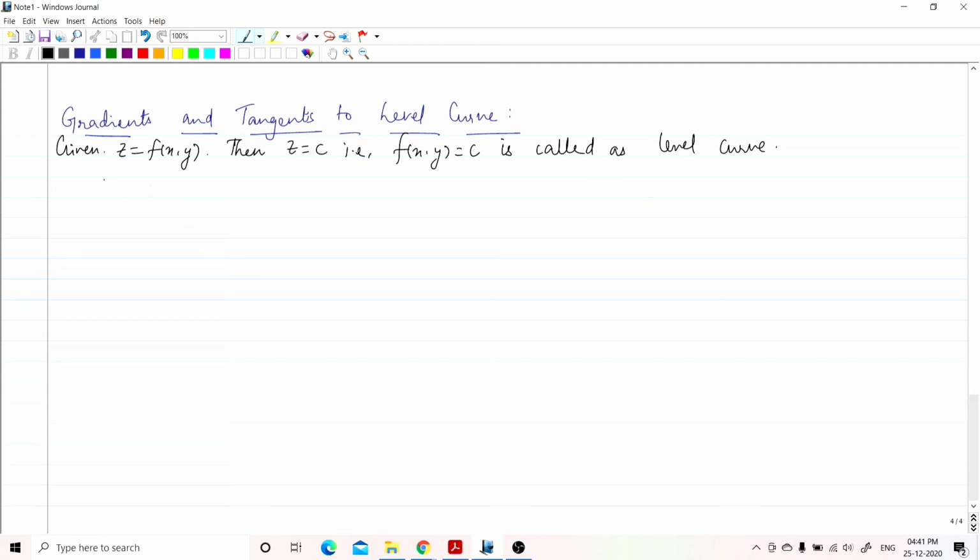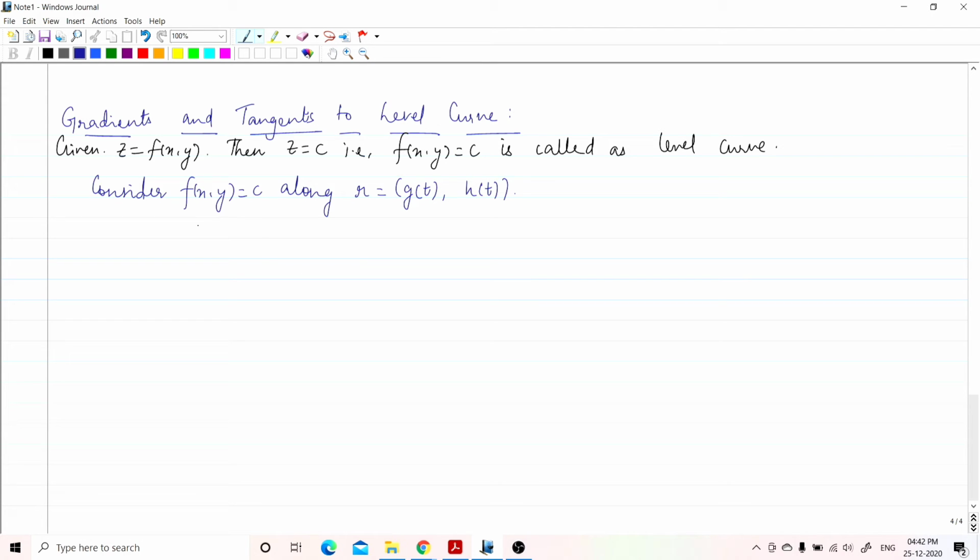Okay. Now let us consider a case. Consider f of x y is c along a curve r which is represented as some vector g of t comma h of t.